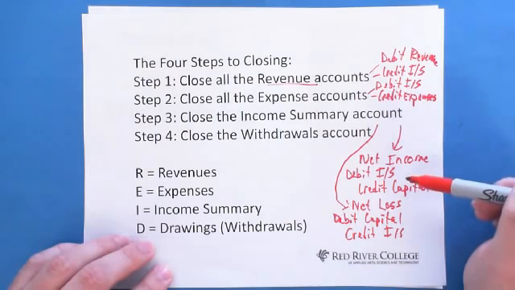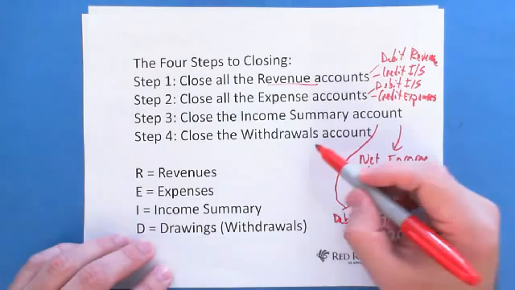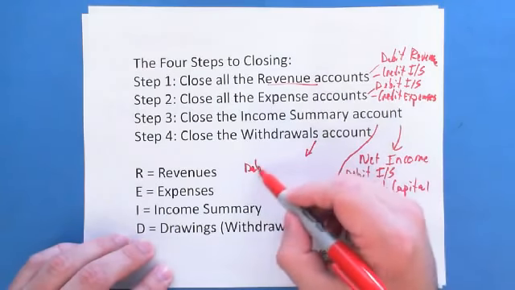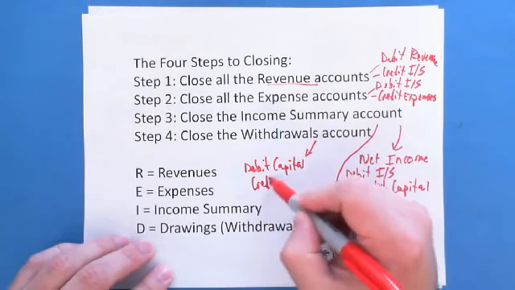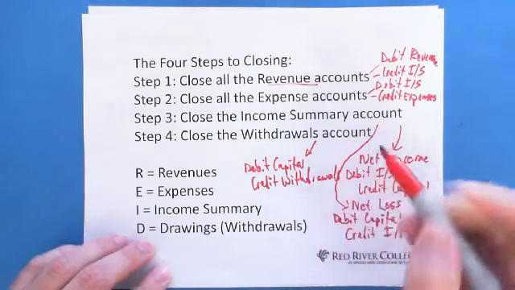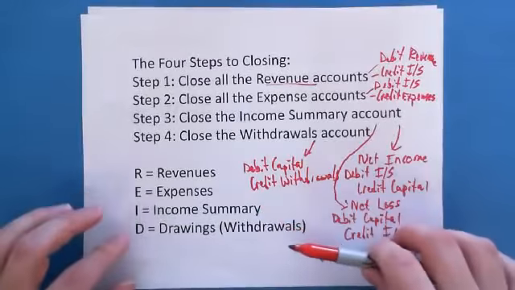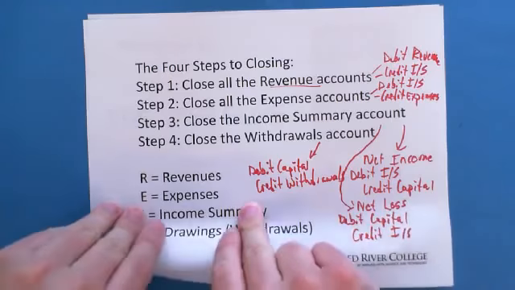It depends on whether we have a net income or a net loss. And then finally, to close the withdrawals account, we debit the capital and we credit the withdrawals. And then REID: revenues, expenses, income summary, and D stands for drawings, which just means withdrawals.